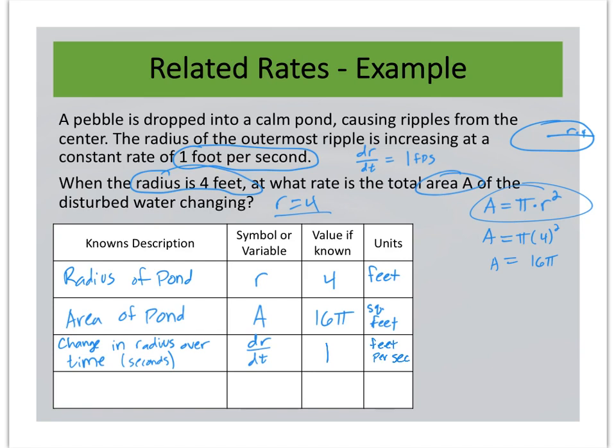Last but not least, the thing that we don't know, the thing that we're looking for, is the rate of area. How fast is the rate of area changing? So we're looking for the change in the area over some amount of time, but only at the time when the radius is 4 feet.